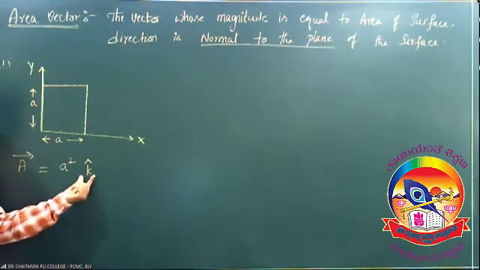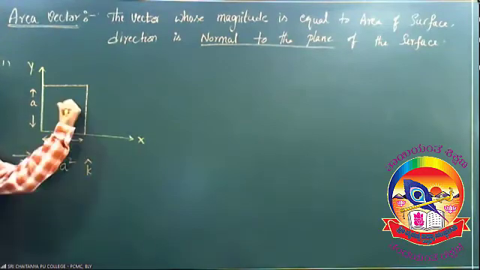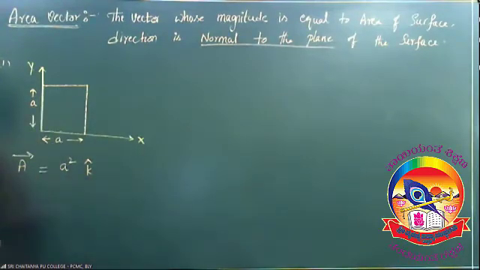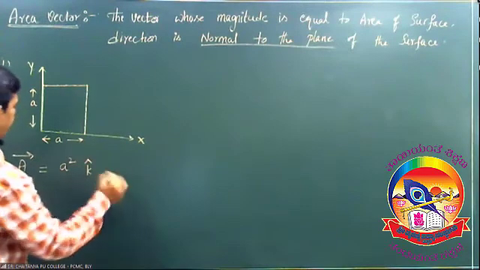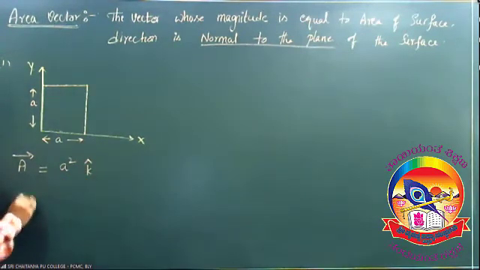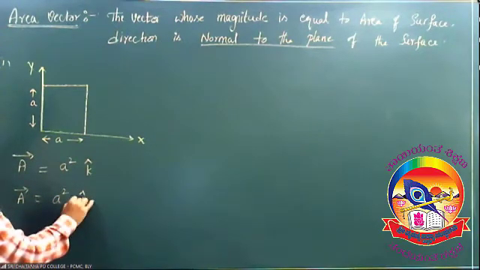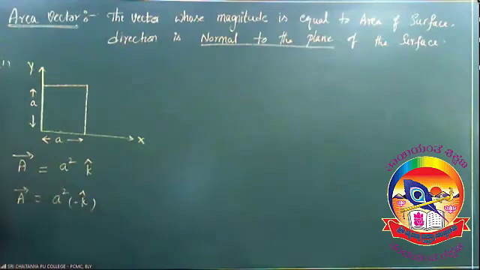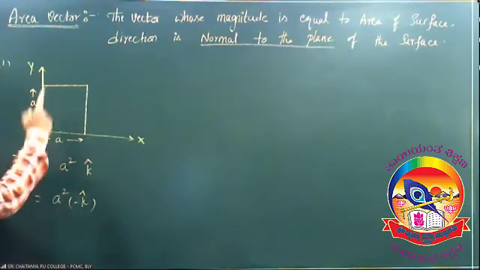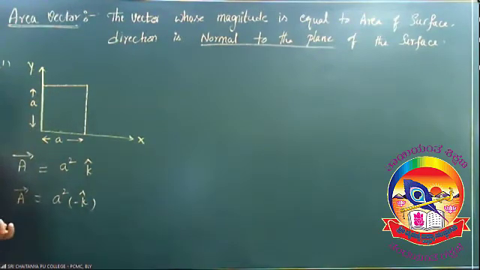Why k cap? k cap is the unit vector along Z direction. Right? Or you may ask, why can't I write A square minus k cap, sir? You can. It may be outward normal or inward normal.